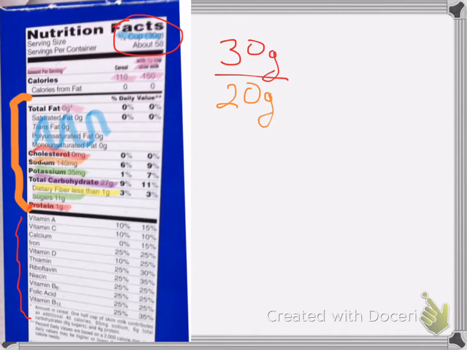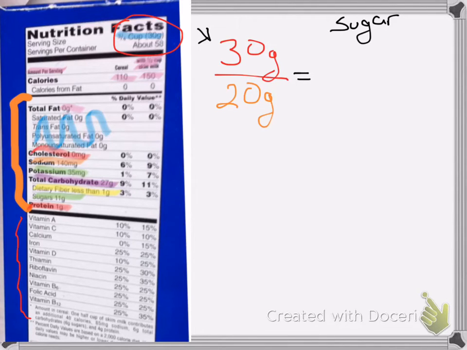We're going to set that equal to a second fraction, with the grams over here talking about how much it weighs. On this side, what we want to look at today is the sugar.